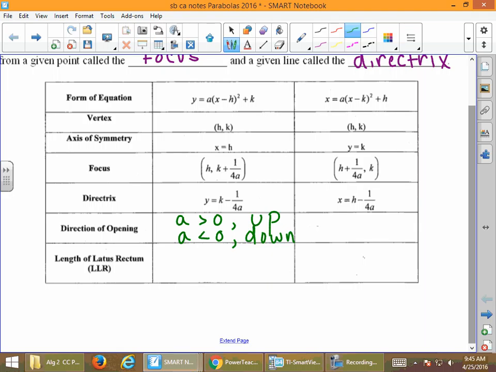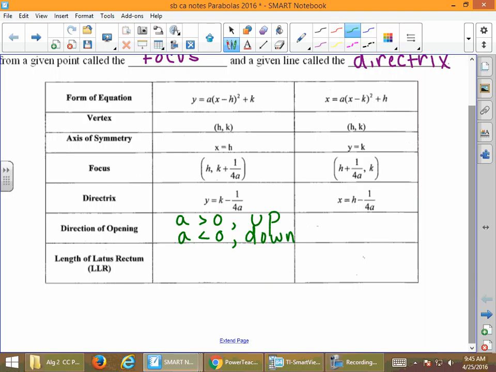Finally, this last part of the column is the length of the latus rectum. I know, not the most pleasant of words to stand up in front of class and say, so I usually abbreviate it as LR or LLR. What it does is it measures the girth of a parabola. Is it a fatter parabola or is it a skinnier parabola?